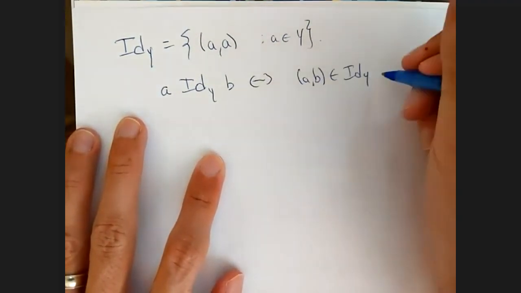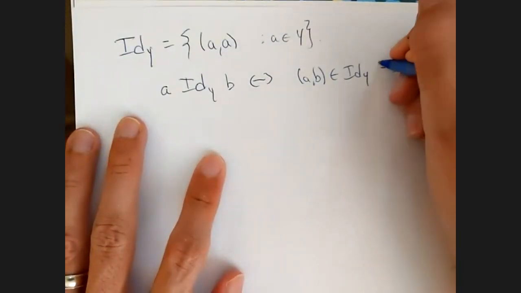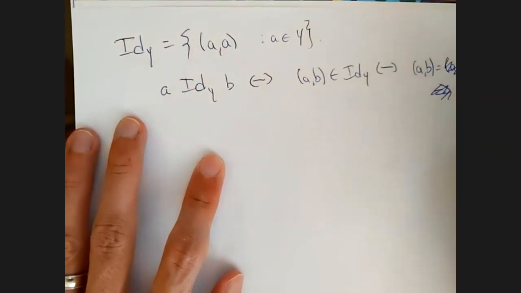The only elements in the identity relation are pairs C comma C for some C, which is true if and only if A equals C and B equals C. In other words, A equals B.